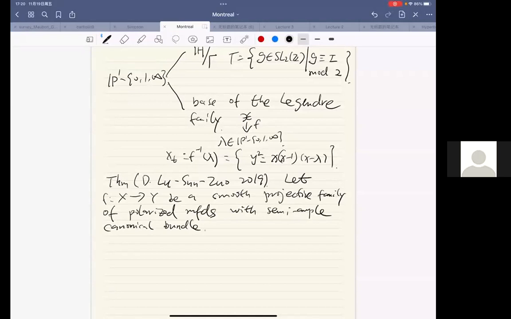Then by the work of Viehweg, we know that there is a moduli space corresponding to these polarized manifolds with a fixed Hilbert polynomial.